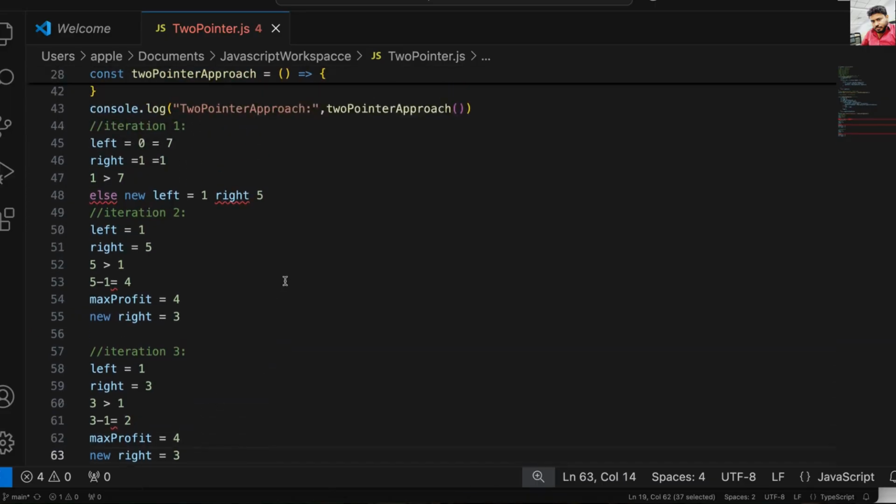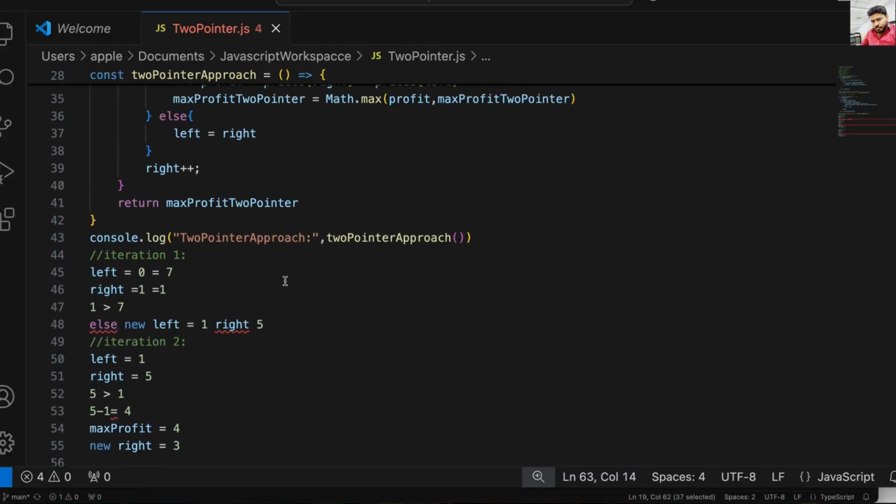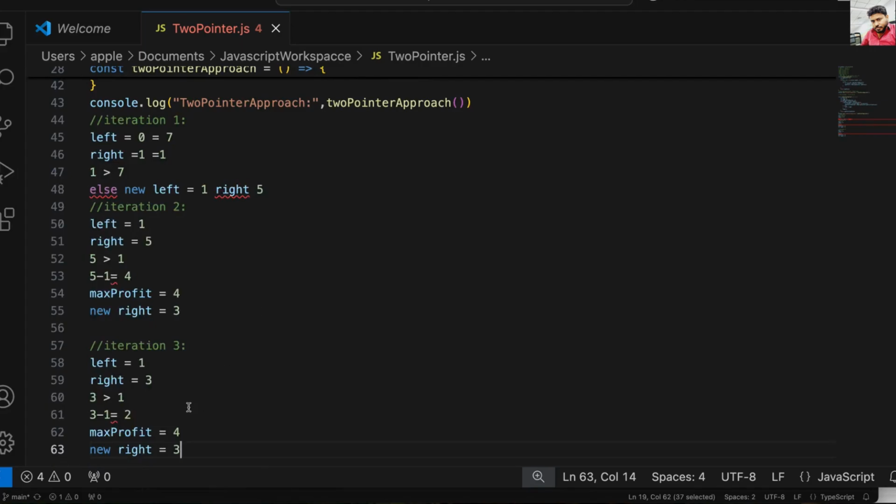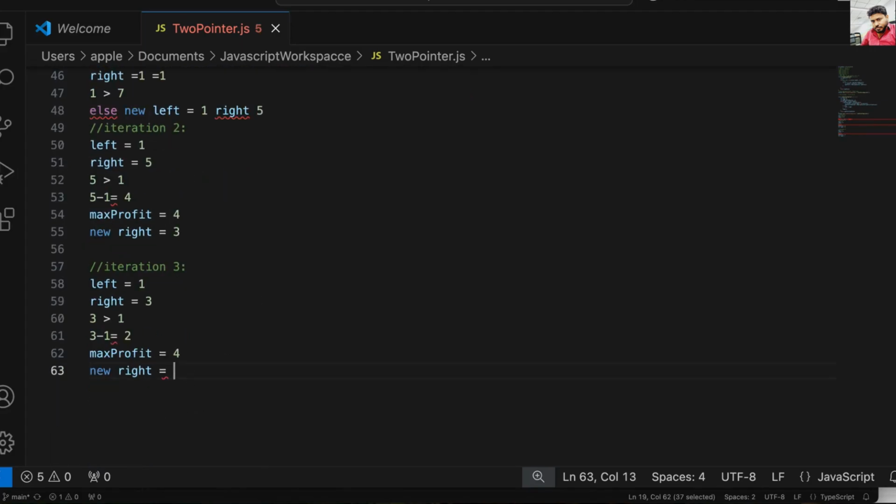Now the new right we are going to change, because right is incremented, to the new pointer, which is 6. So the iteration repeats. Here it will be 4, here it is 6.